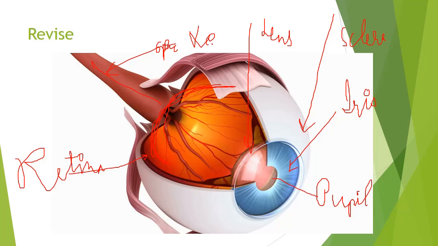Suppose we have a webcam, and the webcam transfers all the images it sees through a cable to the computer. The optic nerve works exactly like that cable. Whatever we see, the information is transmitted from here to the brain.